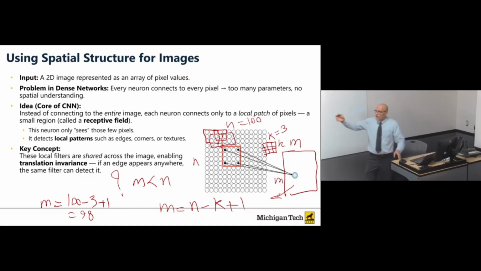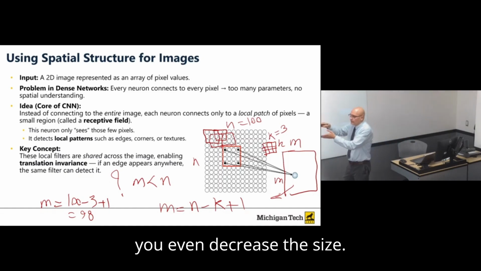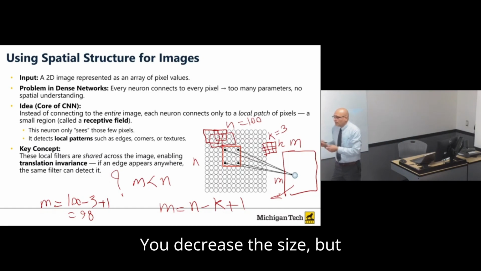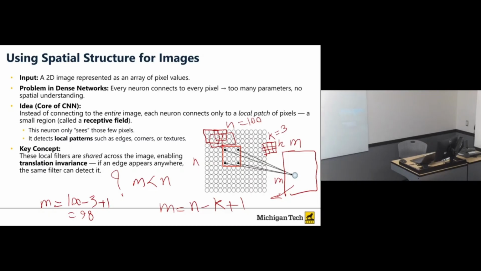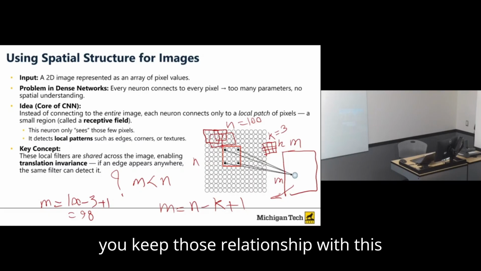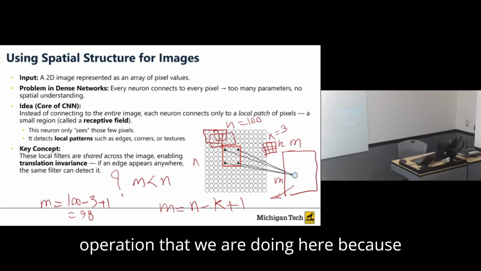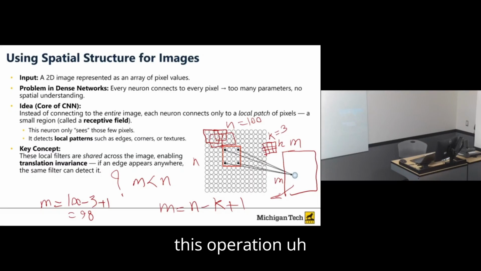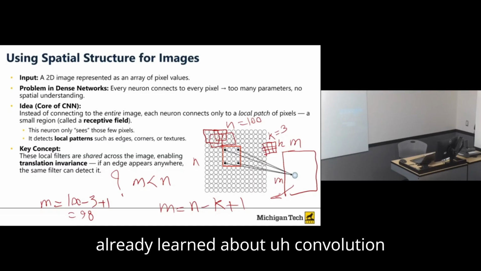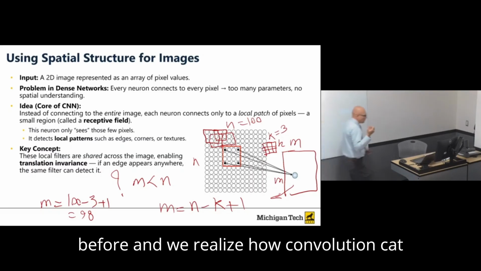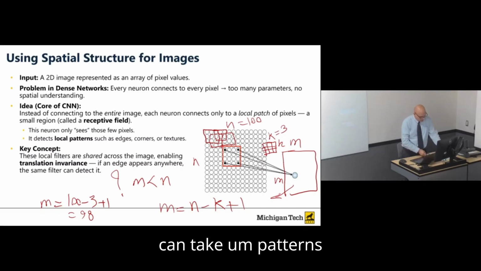So you even decrease the size, but at the same time, you keep the relationship between pixels. You keep those relationships with this operation because this operation takes the pattern out. We already learned about convolution before, and we realized how convolution can take patterns out.